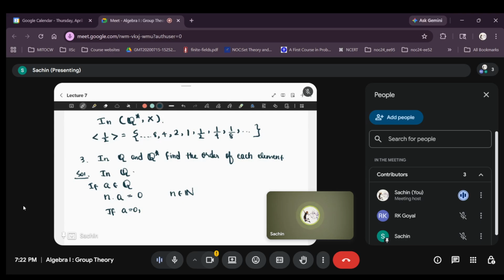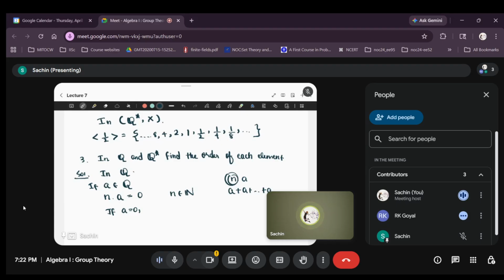But we want the order of A, not n. N doesn't have any order. It's not a part of a group. When I write nA, n is not a member of the group. It only means A plus A plus A. It's only notation, so it doesn't actually mean anything.